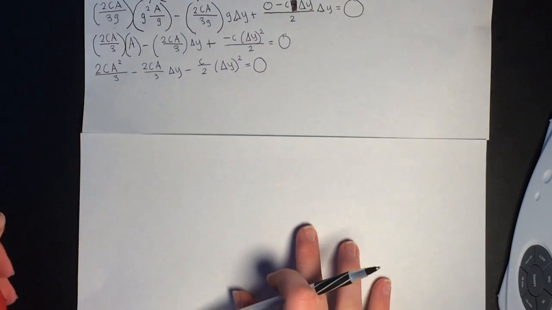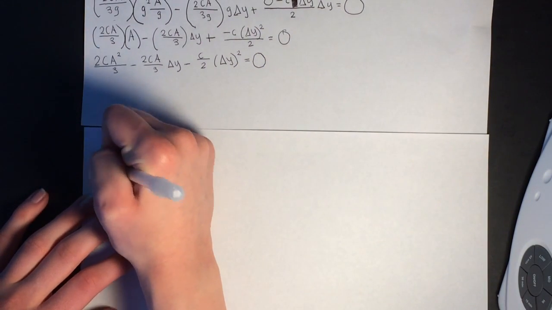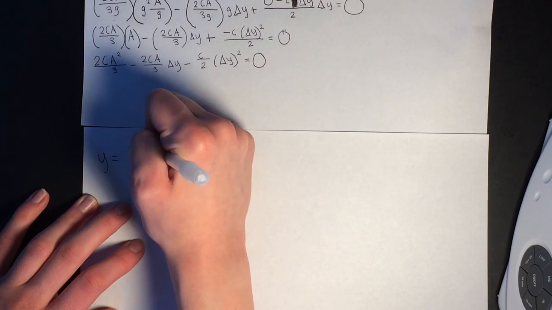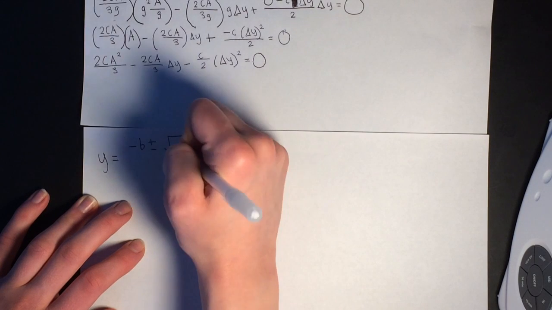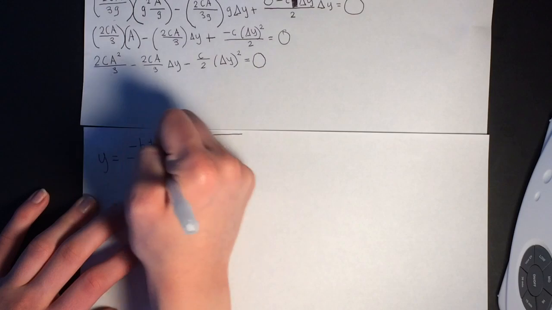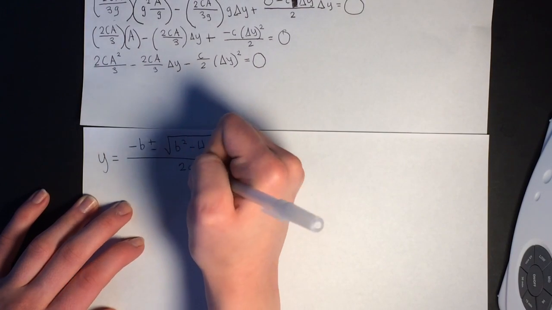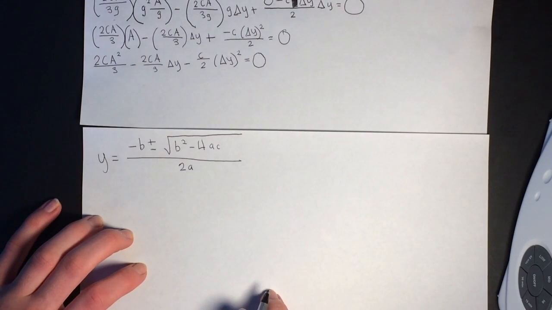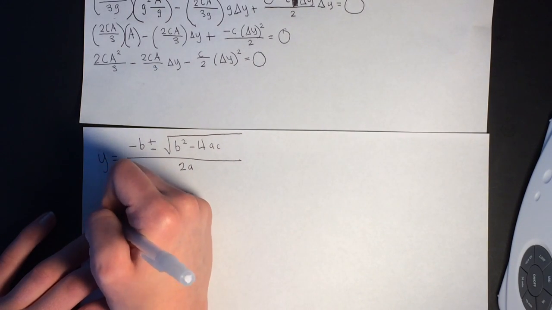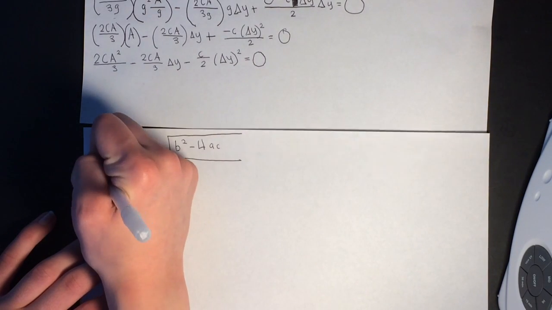So we have that y equals negative b plus or minus square root of b squared minus 4ac all over 2a. So we have that there, and we're solving for delta y here.